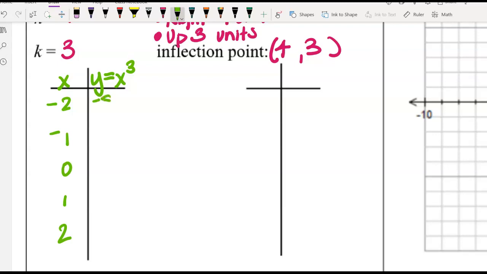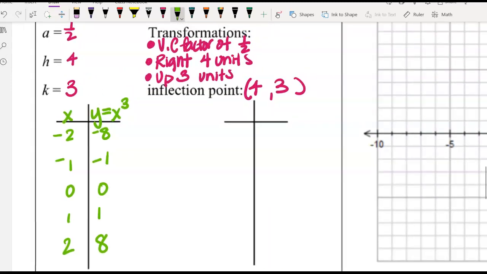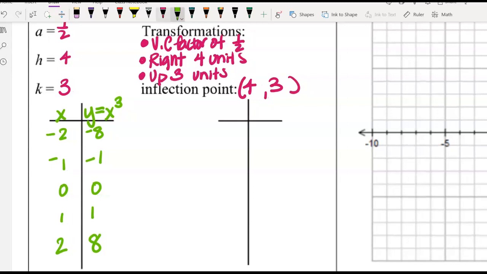Negative 2 to the third is negative 8. Negative 1 to the third is negative 1, just like what we did in the very first example. Now your A value will change the output, so 1/2 times the y. Right 4 units, so that's going to be x plus 4. Up 3, so that's also going to change all of the outputs.